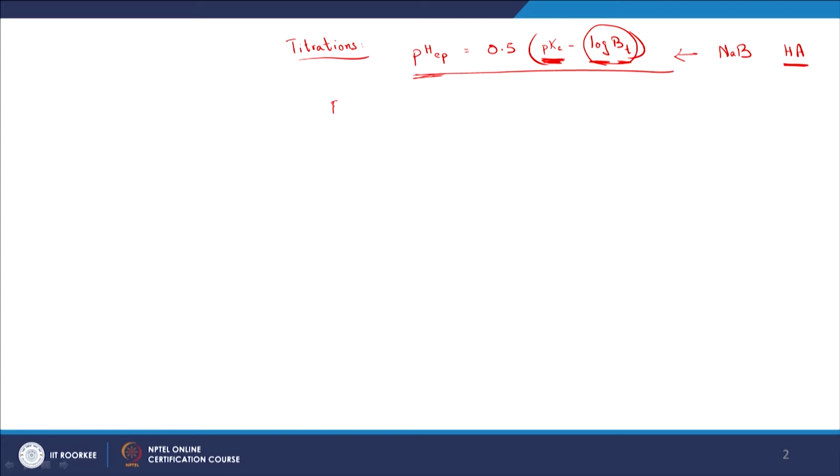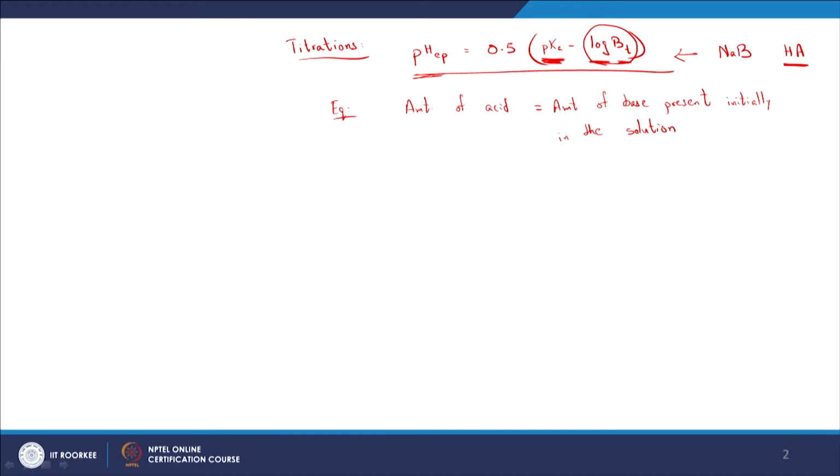And again, what is this equivalence point? That's when the amount of acid added is equivalent to the amount of base present initially in the solution.